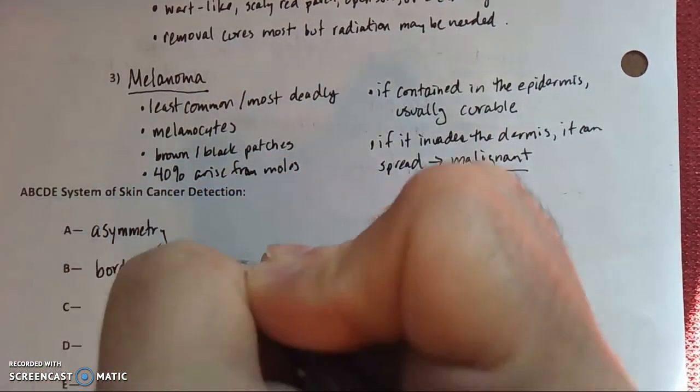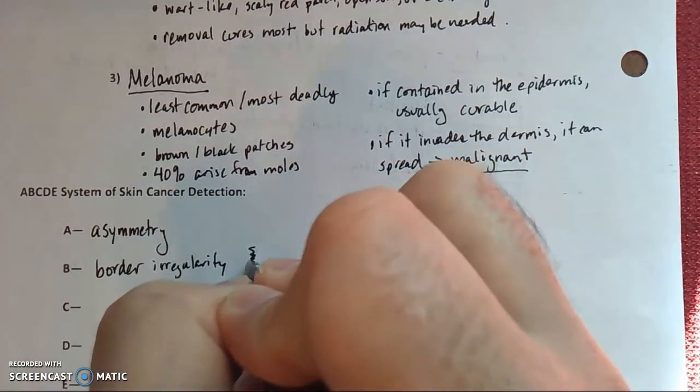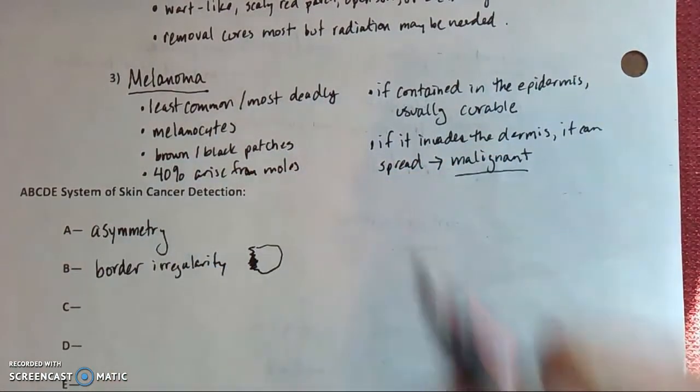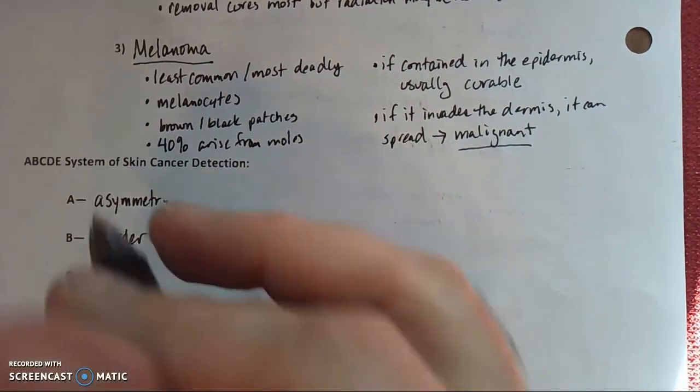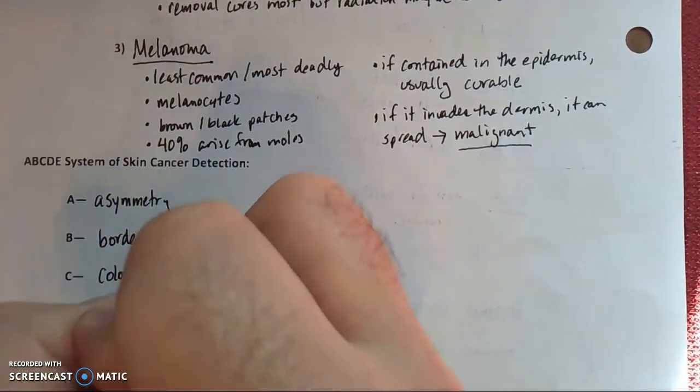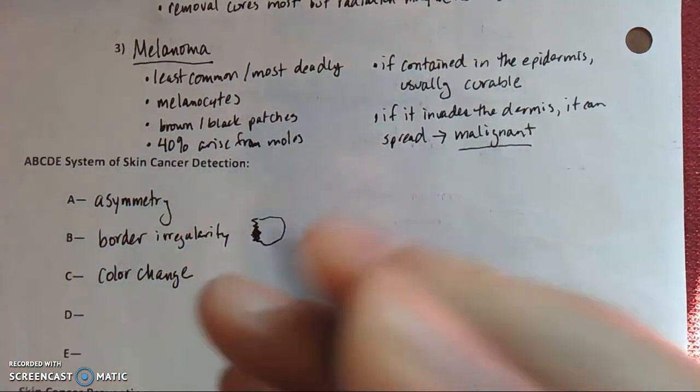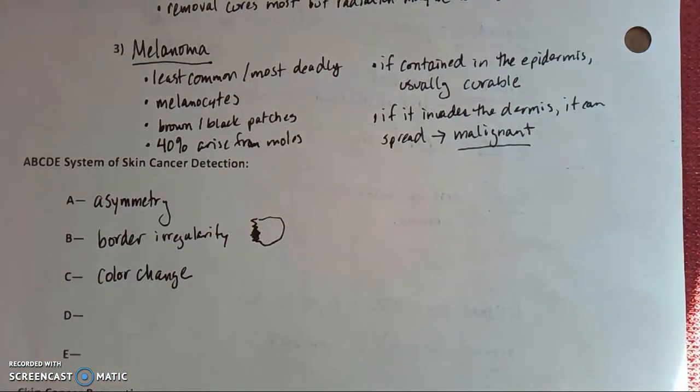So if you look around the edge and the edge is kind of fuzzy on one side, then you might want to get that checked out. C is a color change. So a mole gets darker, or something on your skin was red and it's starting to turn brown or black. Go see a doctor.